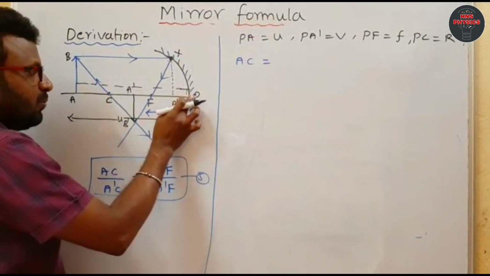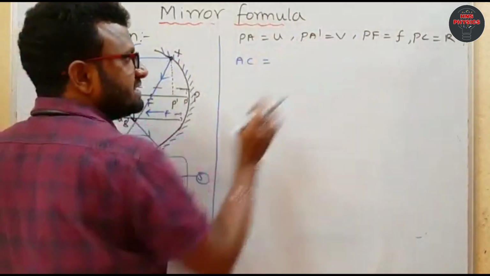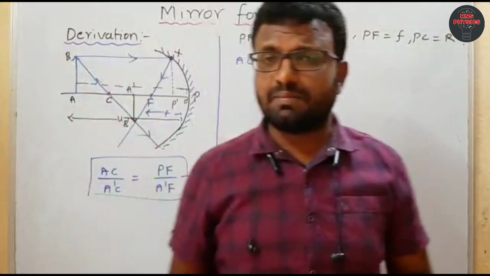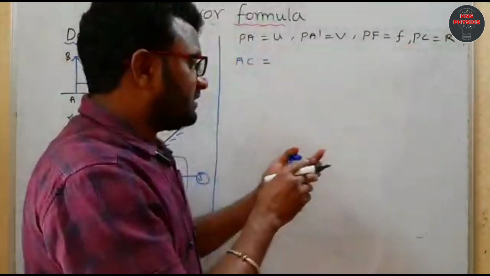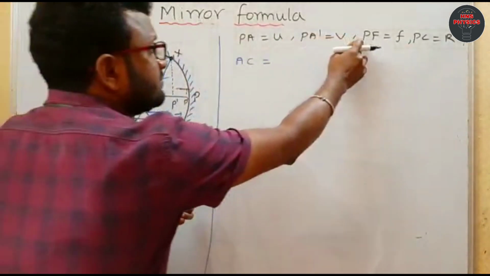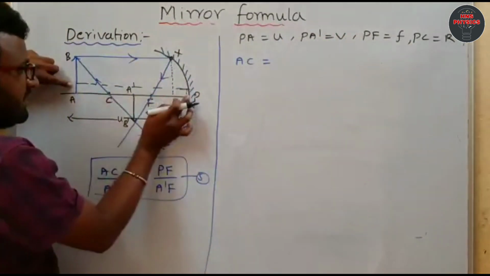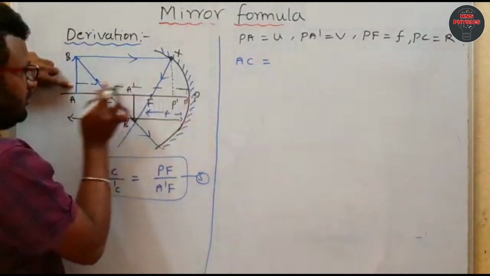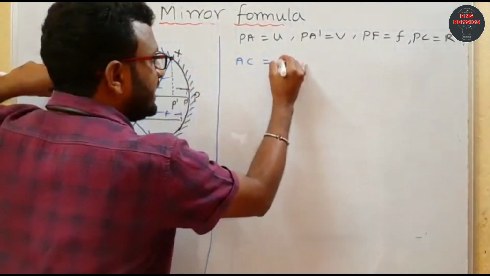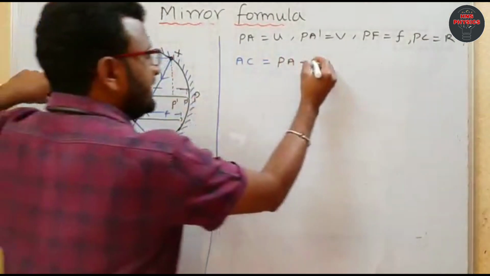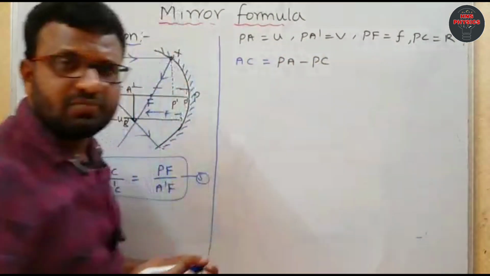The distance between pole to image is nothing but image distance. The distance between pole to principal focus is nothing but the focal length. Right, these unknown values you can write in terms of known values. So AC is nothing but, taking pole to object, PA minus PC, then you will get the AC value, PA minus PC, right?